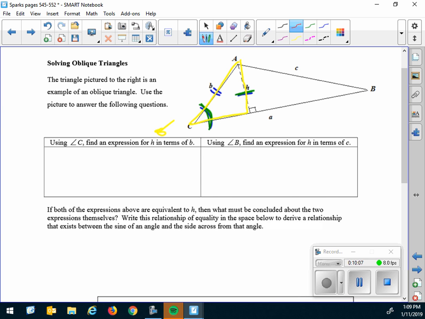What's B? Isn't B the hypotenuse of that yellow triangle? What trig function or trig ratio uses opposite and hypotenuse? Sine. So the sine of angle C is what over what?